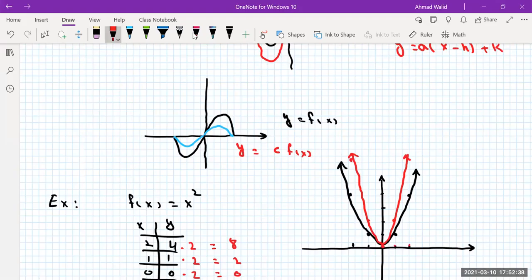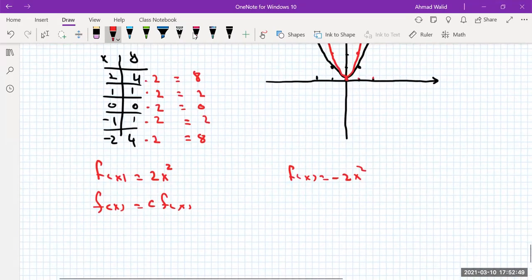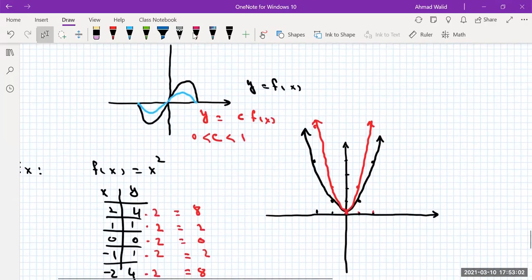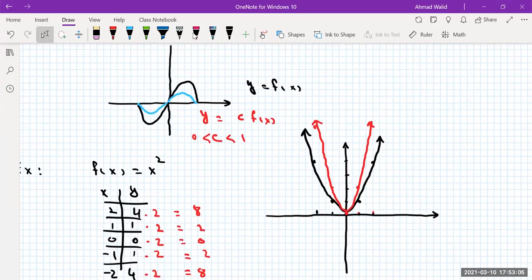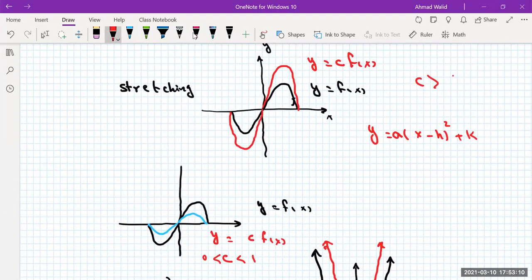If c is greater than 0 and less than 1, a fraction, not negative. I'm sorry, this lecture is too long. For example, if they ask you to graph 1/2 of x squared, in that case, the graph will open wider. Correction here, it's not negative in the lecture. c is between 0 and 1 for shrinking. Here your c is greater than 1, for stretching. Correct?